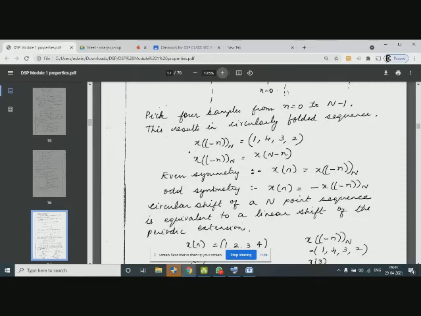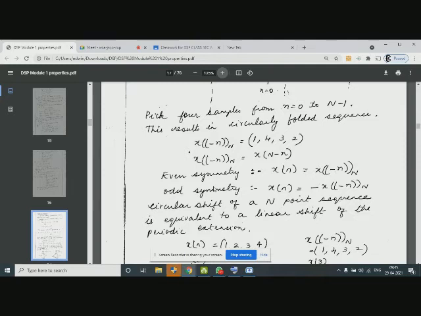So in yesterday's class I was telling you there is something called even symmetry and odd symmetry. If X of n is equal to X of minus n, then the sequence is said to be even symmetric. Okay, if X of n is equal to minus of X of minus n, then it is odd symmetry. Always if the negative term is present, it is odd symmetry.